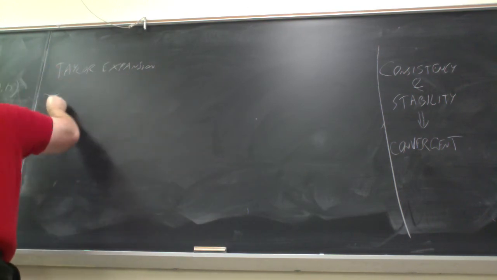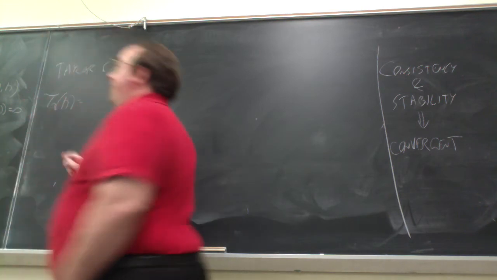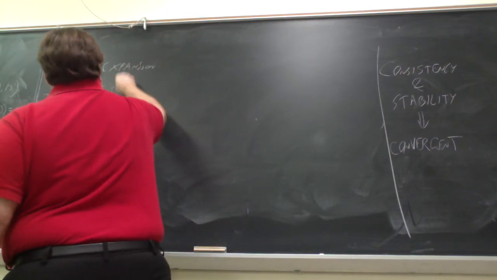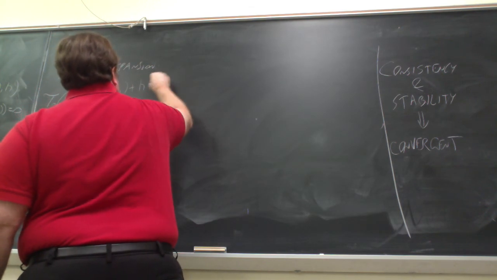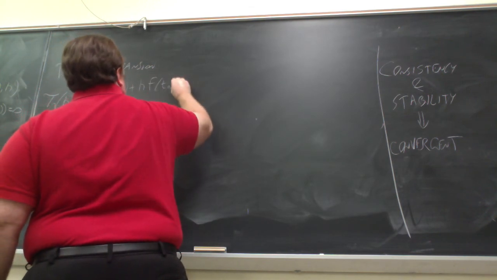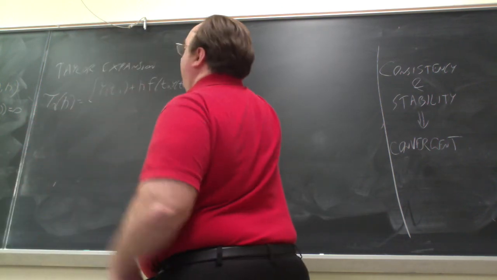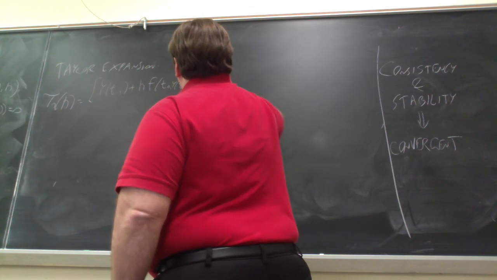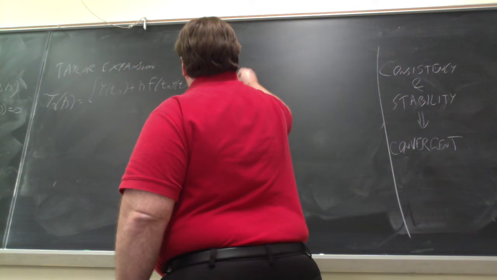So local truncation error is equal to, we have y of tn plus 1. That's what you Taylor expand, y of tn plus h y prime, but that's f of tn, y of tn, plus 1/2 h squared over 2, y double prime at tn.